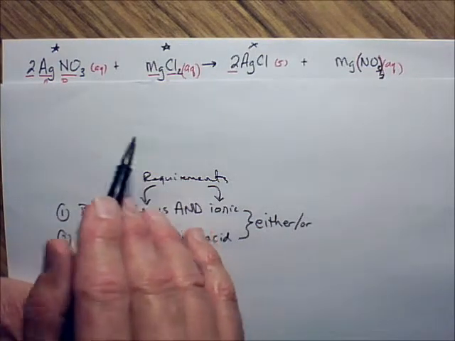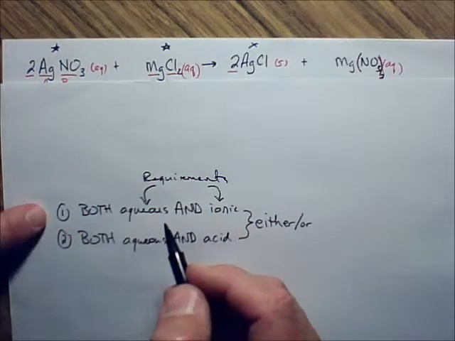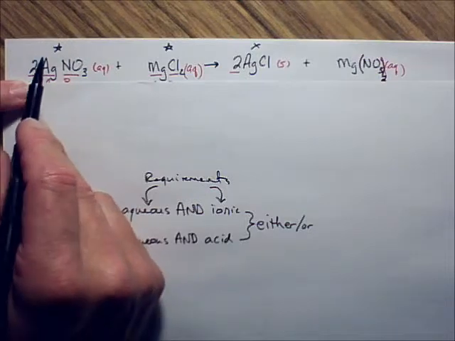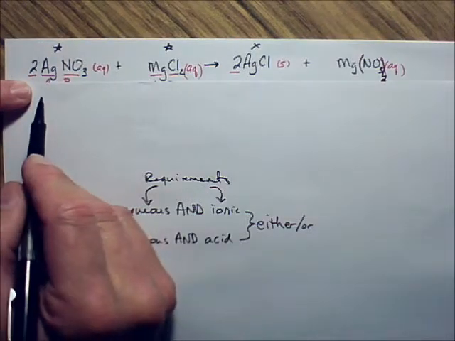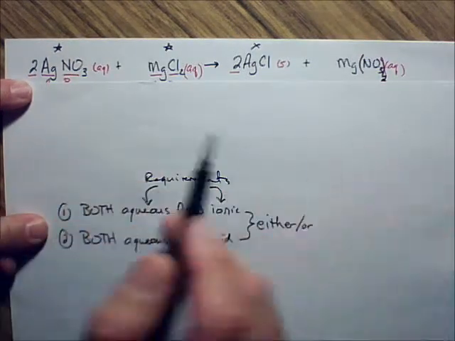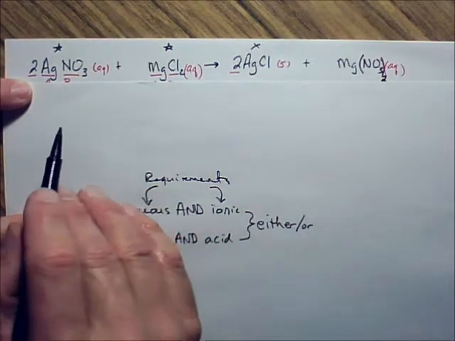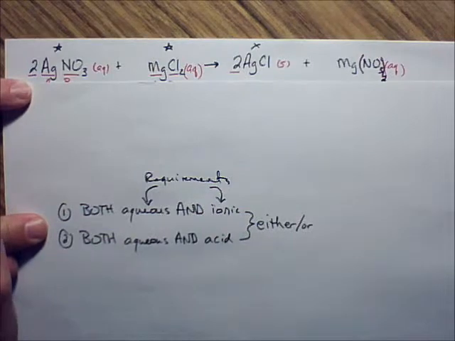Only two kinds of compounds break up when you go from writing a regular balanced equation to writing a complete ionic equation.